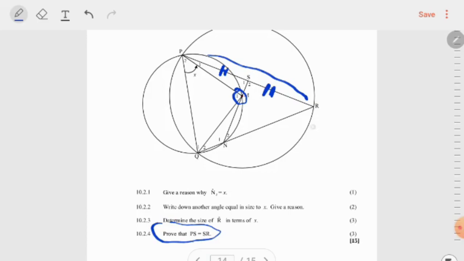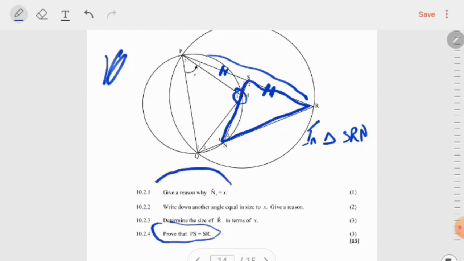Okay. So we will start by saying in triangle SRN, what we know about that triangle, we did find from that question that N2 is equal to X, and we found from this question that R is 90 minus X. So we know that the sum of the angles of a triangle is 180.